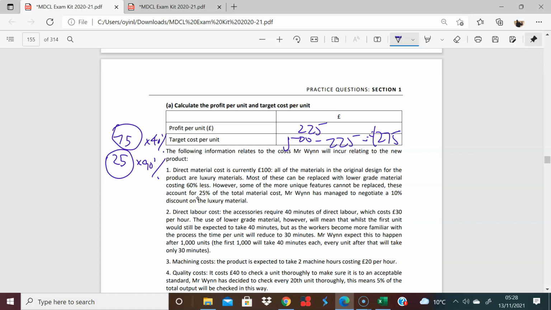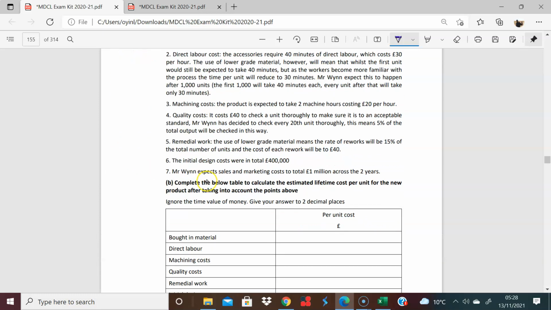I can find 60% cheaper and 10% cheaper, discounts if you like. So the question here is, what is therefore the cost of that? So let's find that out. 75 times 0.4, which is 30, and then 90% times 25, which is 22.5. Add the two together, and you have 52.5. So you have £52.50 for the first bit.